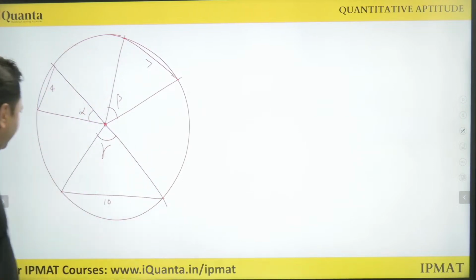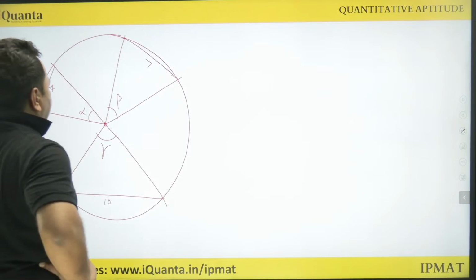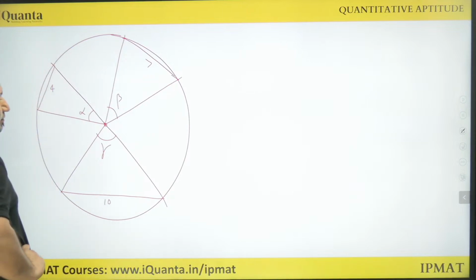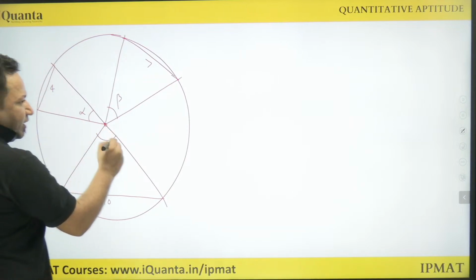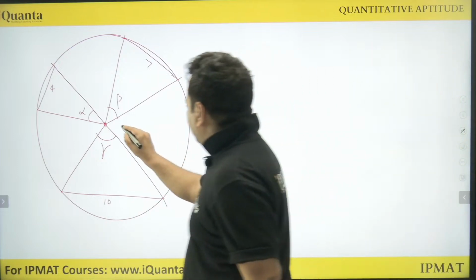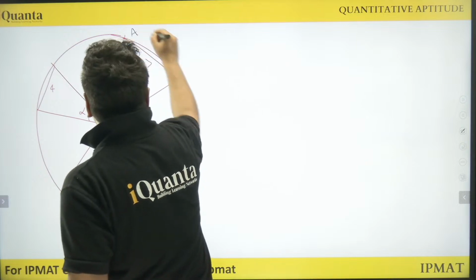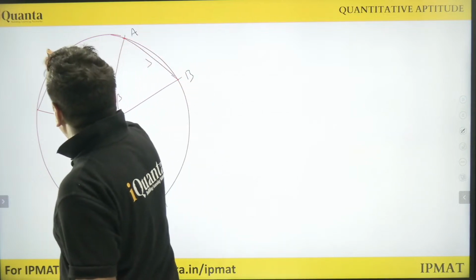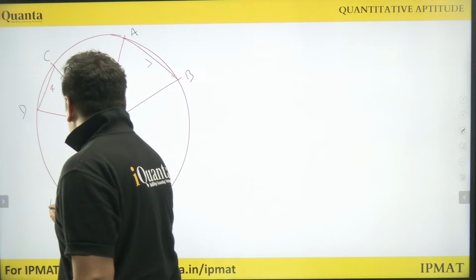You have to tell me, let the center be O. This be AB, this be CD, and this be EF.